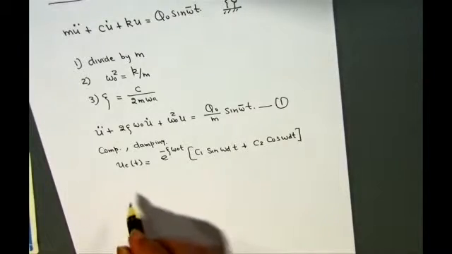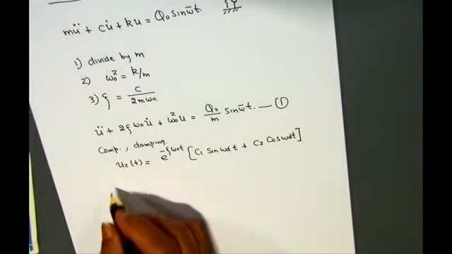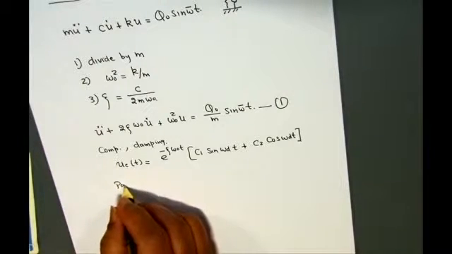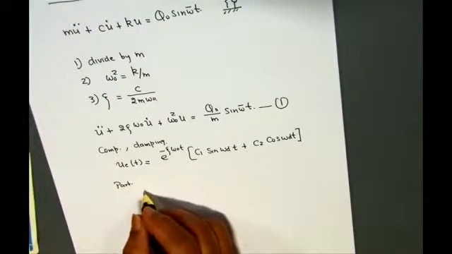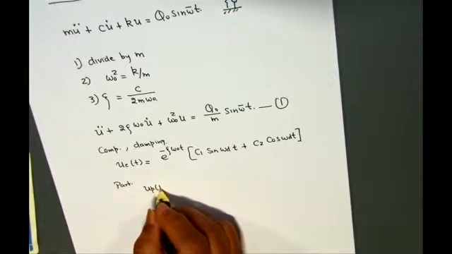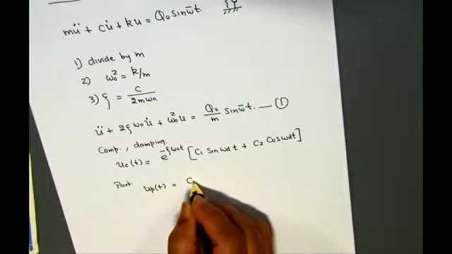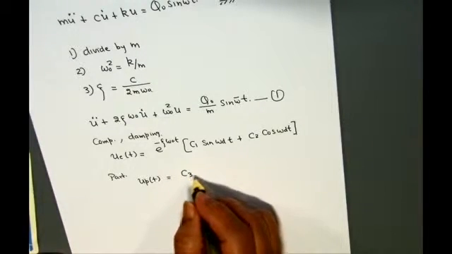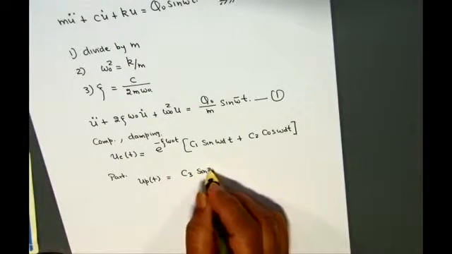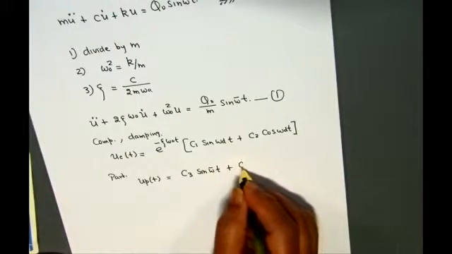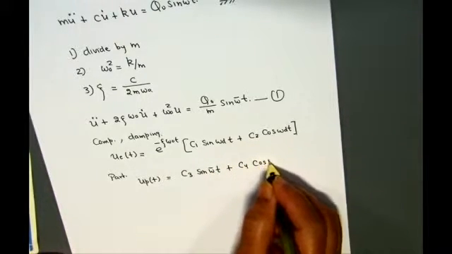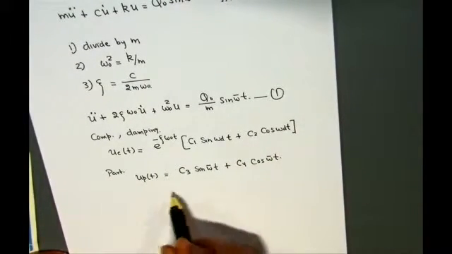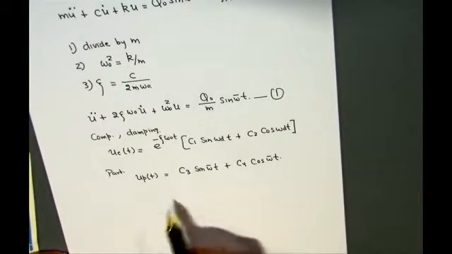Now this is the complementary solution, and we look at our particular solution. The particular solution would be u sub p of t is equal to c3 sine omega bar t plus c4 cosine omega bar t. And we can find the corresponding velocity and acceleration for this.